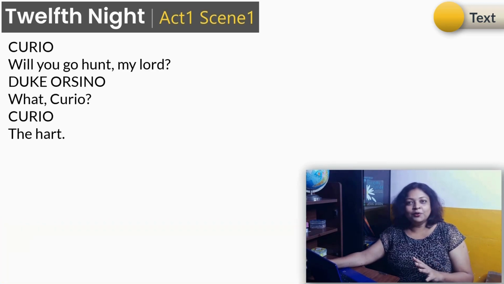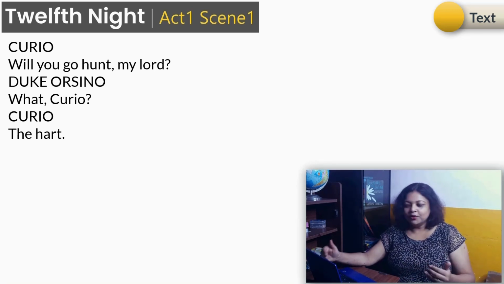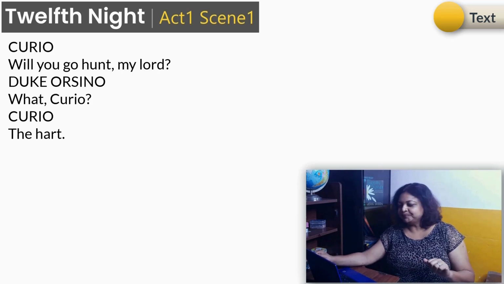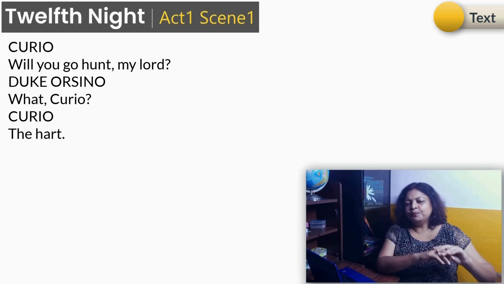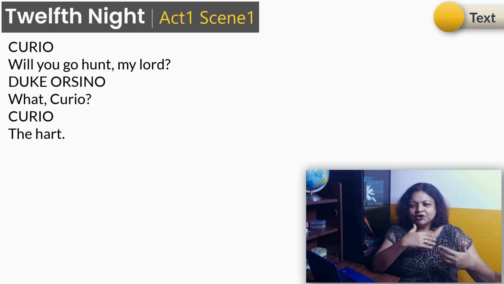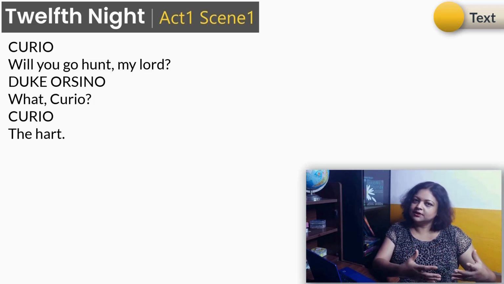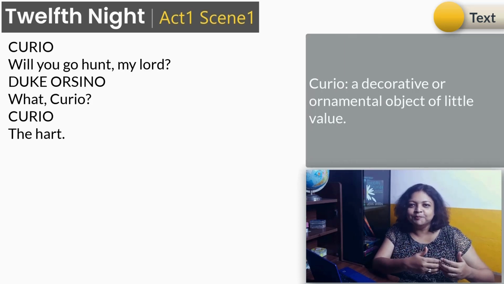Curio. What a coincidence. We were just saying cure and we have Curio. So Curio is an attendant in the court of Orsino. Now I want to pause here and share something I have observed in my various readings of different plays by Shakespeare. He has a thing for names.